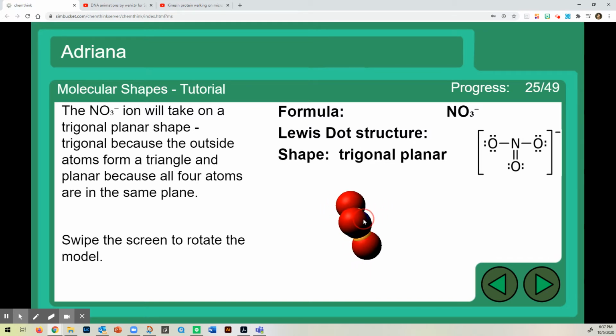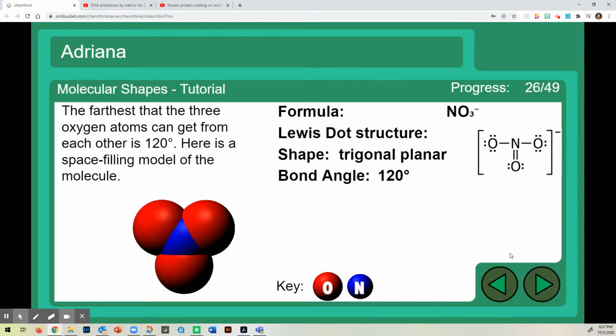And we see that if we look at it from this angle, we can see that it's pretty flat. They're all on the same plane. Look at it from this one, we can see all 3 different points of that triangle. And this is the space-filling model of that molecule. We should keep in mind that the bond angle in a trigonal planar molecule is 120 degrees.